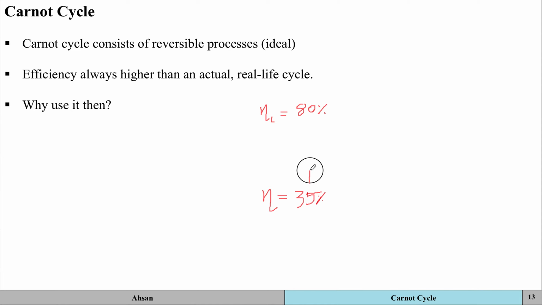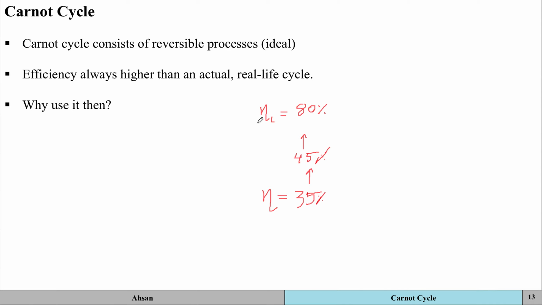And that means that I can bring this efficiency to, let's say, around 45% by adding a couple more things into my system. And then I can still be like, oh, okay, hang on, I can actually make the system even better. And I can try and bring it up to 60% or 65%, 70%. So that is what the Carnot cycle gives us.